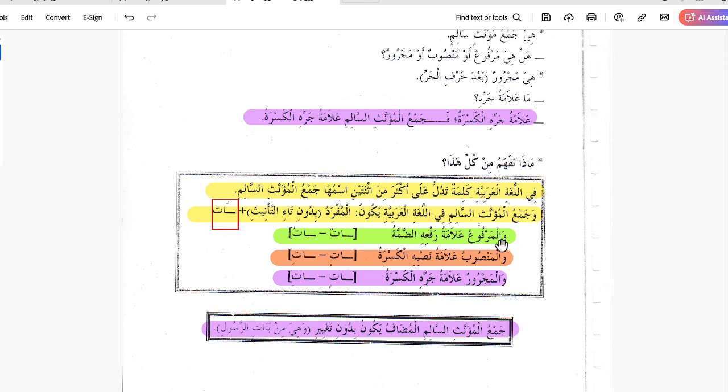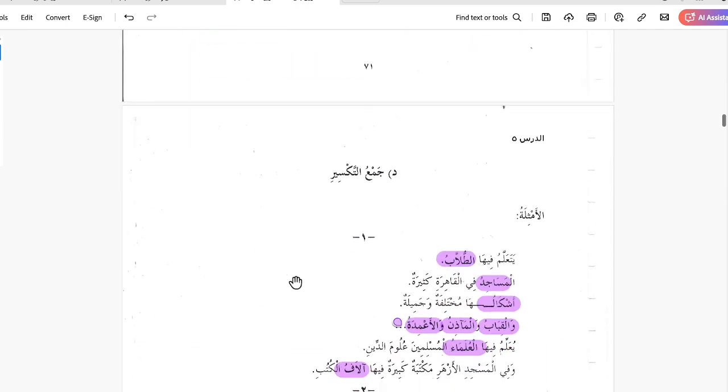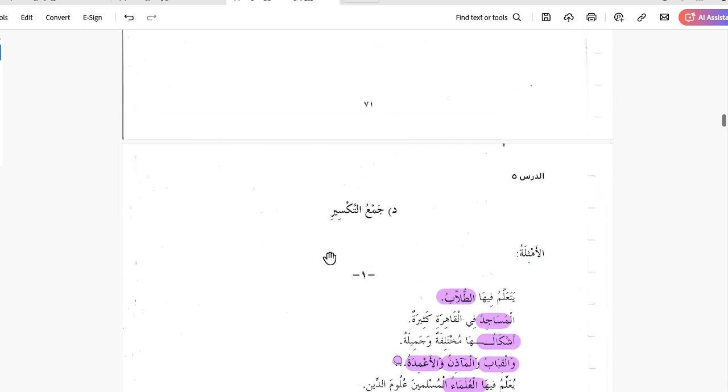Just like Muslimatun in the rafa form, and nasab or jar is going to be Muslimatin, or al Muslimatu, al Muslimati, al Muslimati. And for the Jama Taksir, the broken plurals, they have no pattern. There are no rules for that.